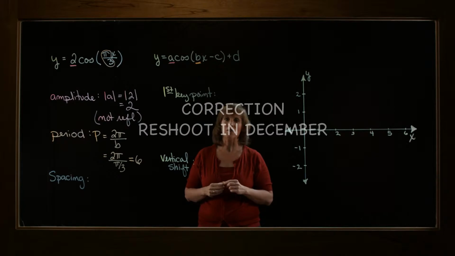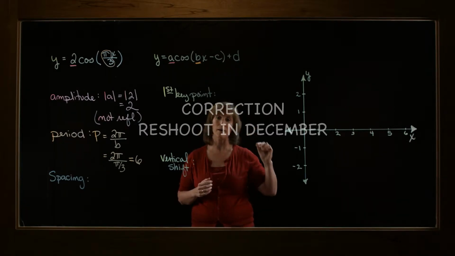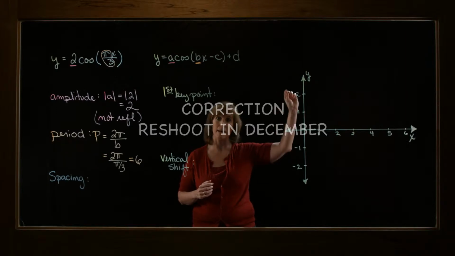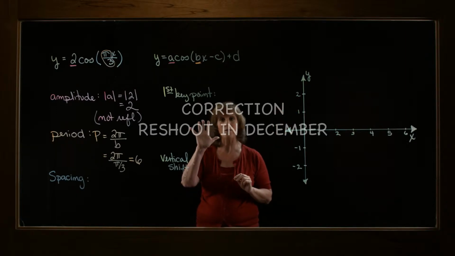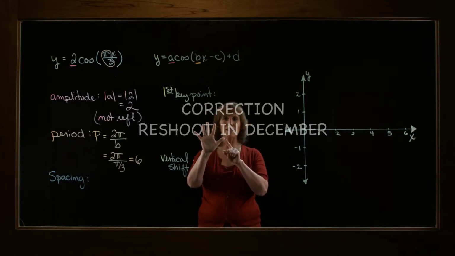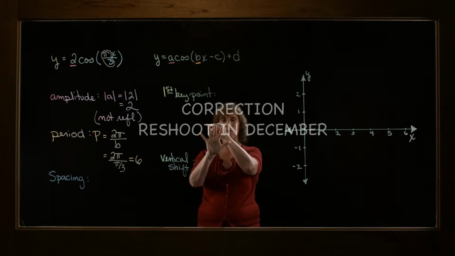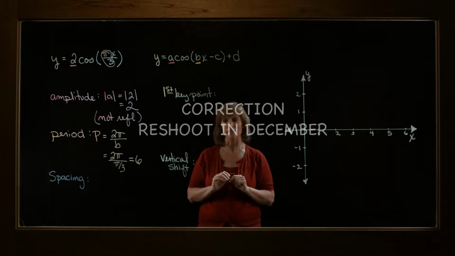All right, next is spacing. I mentioned earlier that when we look at a cosine curve, we're looking for a maximum, an intercept, a minimum, an intercept, and a maximum. Those are 5 key points. And I'd like to know the spacing of those 5 key points. Well, if I think about the space between 5 numbers, I'm going to have 1, 2, 3, 4 spaces.